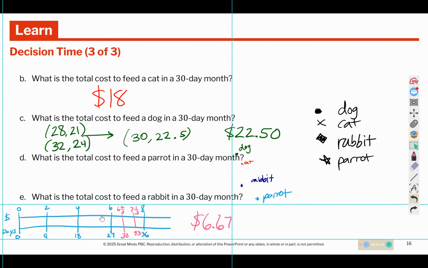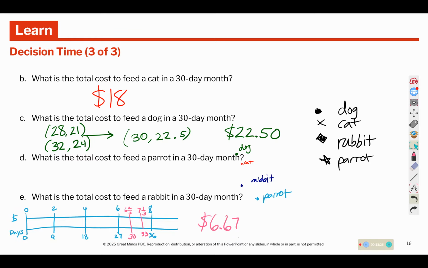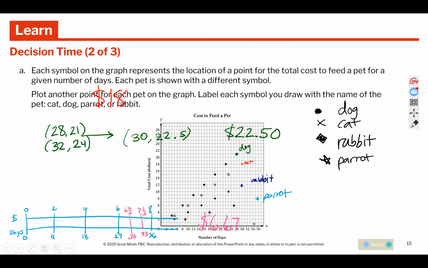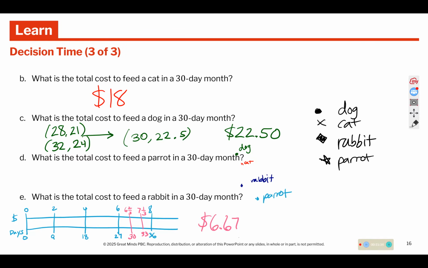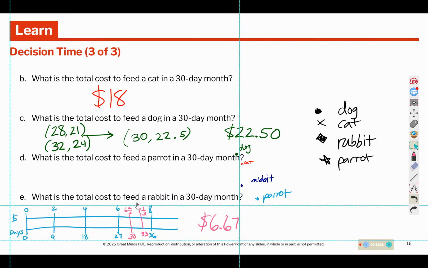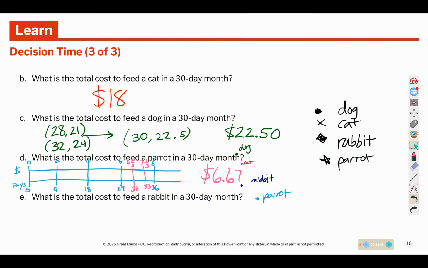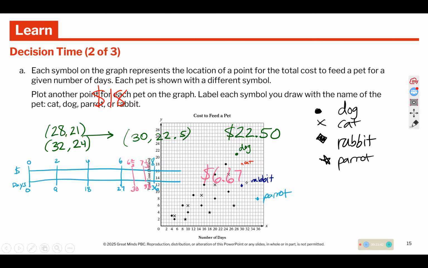No, the rabbit. No, I had that right. The parrot is the blue. Okay. The rabbit is the dark blue. The rabbit is at 30 days and $12.